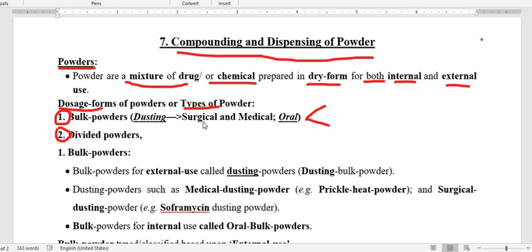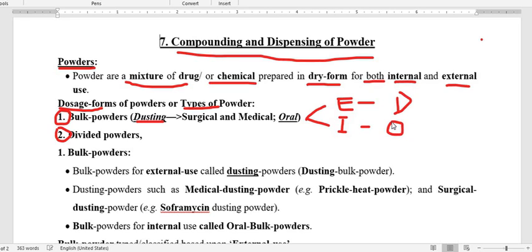Bulk powders are available both for external use as well as internal use. Internal use bulk powder is called oral bulk powder, whereas external use powder is called dusting powder.